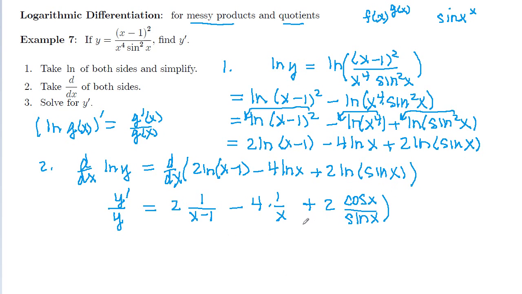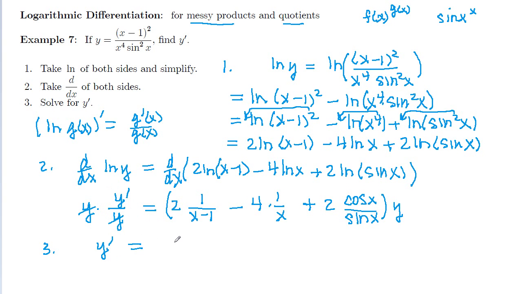And now we want to solve for y prime. So the third step is to solve for y prime. Here we've got y prime divided by y, so we just need to multiply both sides by y, where y is the original function. These will cancel, and you're left with just y prime on the left-hand side.